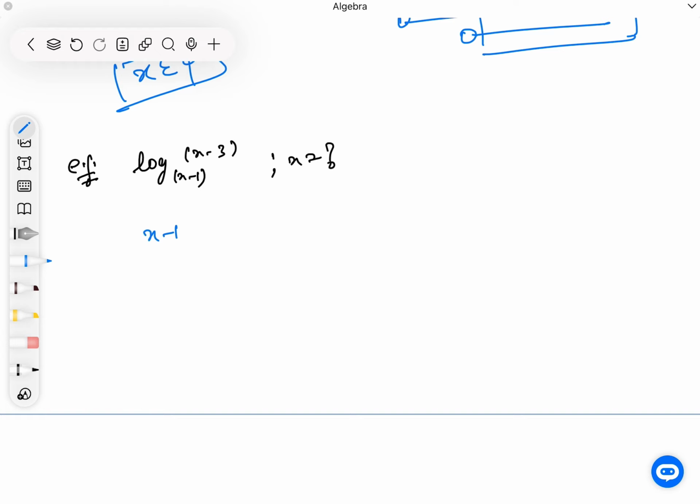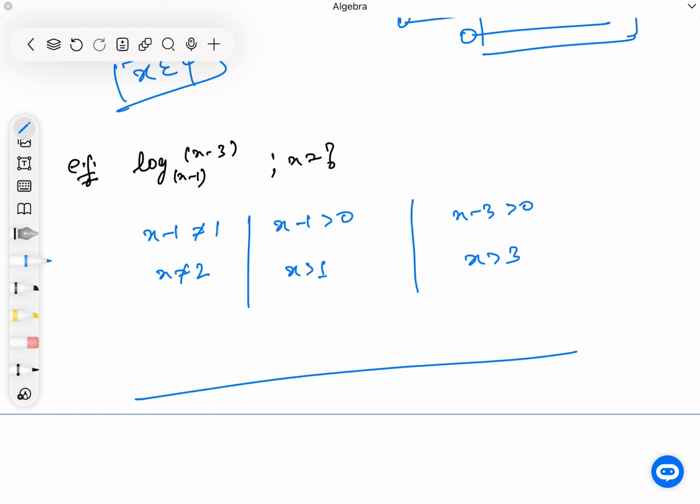Firstly, x minus 1 cannot be 1, so that means x cannot be 2. Perfect. x minus 1 has to be greater than 0. You can ignore the box over there. So x has to be greater than 1. Then x minus 3 has to be greater than 0, so that means x has to be greater than 3. This is our line. This is 1, this is 3.